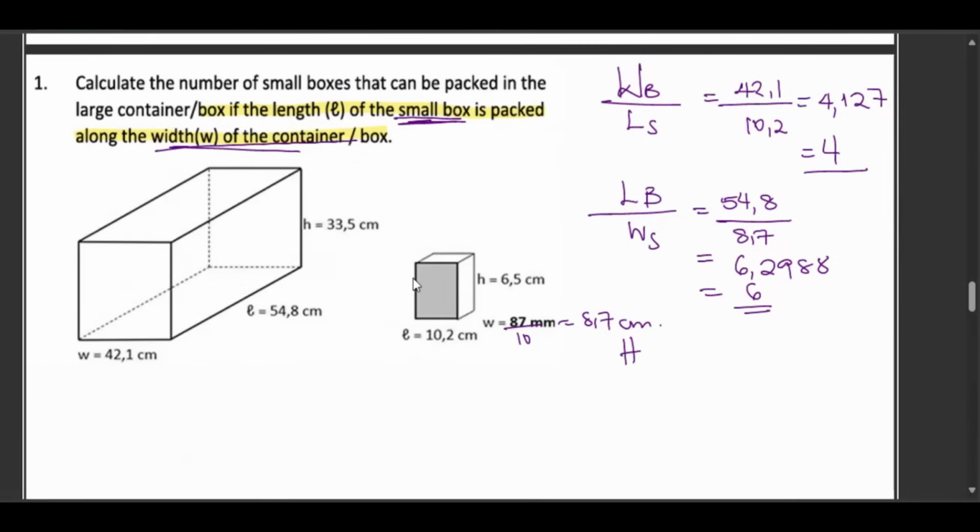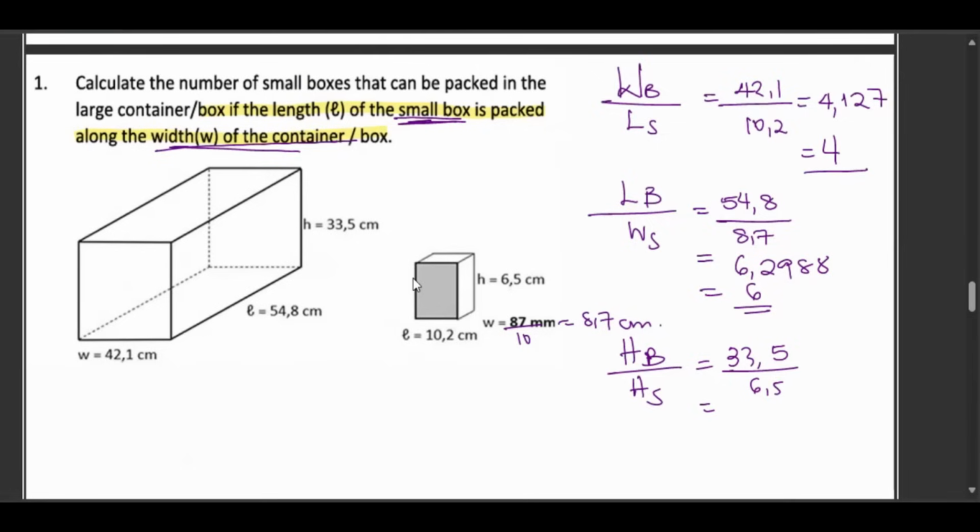So it's the height of the bigger box divided by the height of the smaller box, which is 33,5 divided by 6,5.